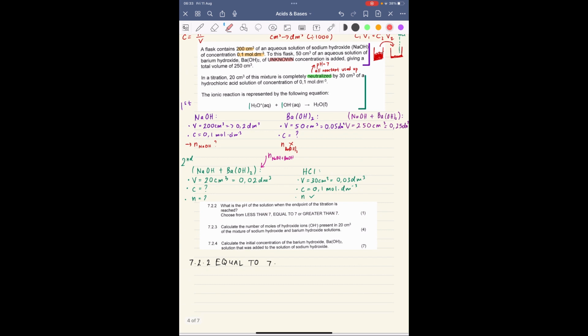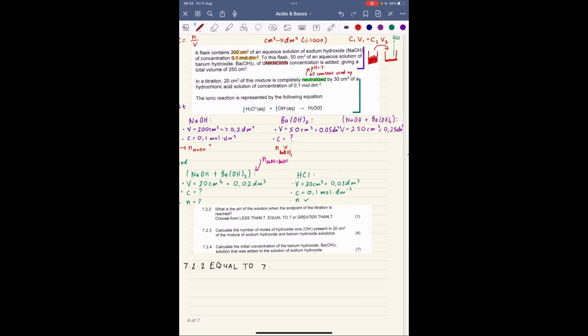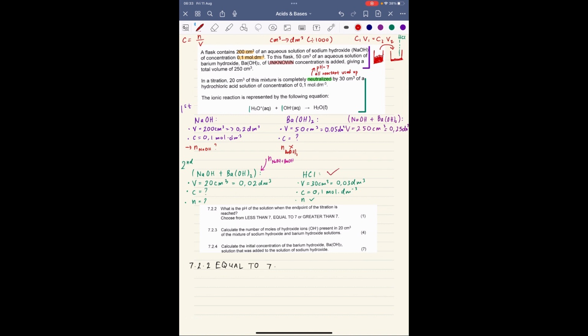So to work our way up there, let's see where we are in terms of the steps. We have done this. We now know the moles here. After that, I said we're going to have to use the C1V1 equals C2V2, because these are both the same thing, but just in different volumes. We're going to have to use that and then get to where we want to by using mole ratios.